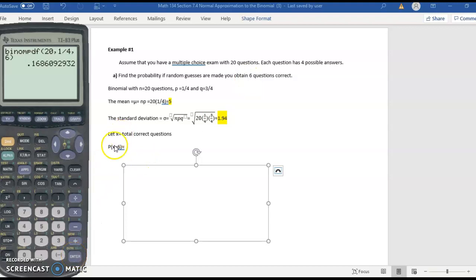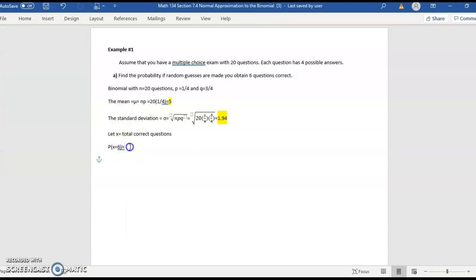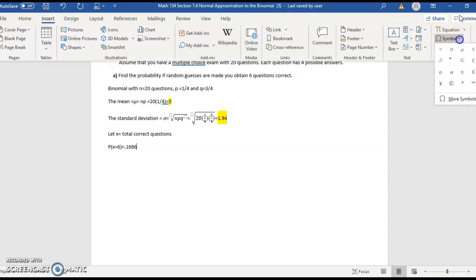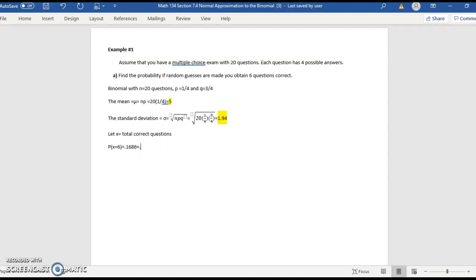So we're getting approximately 0.17. I'm just going to write it as 0.1686, which happens to be approximately 0.17. I'll just narrow it down to 2 decimal places.